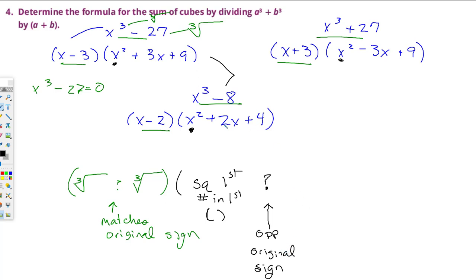How do I find my next term? How do I find that 2x, the 3x? How can we find that number?